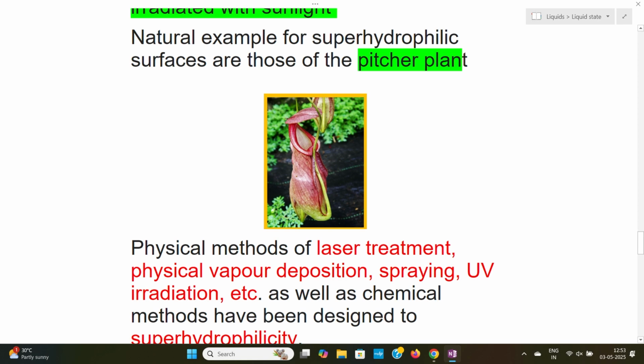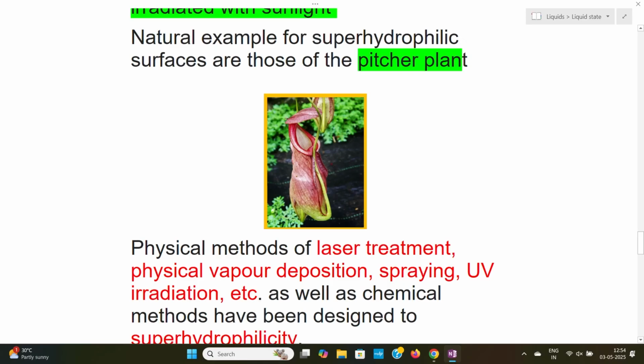Here in the pitcher plant, the adhesive forces between the water molecules and the solid surface are so great compared to the cohesive forces between the water molecules. Therefore, the water can spread on the solid surface, and the contact angle is less than 10 degrees. Therefore, the pitcher plant is a superhydrophilic surface.